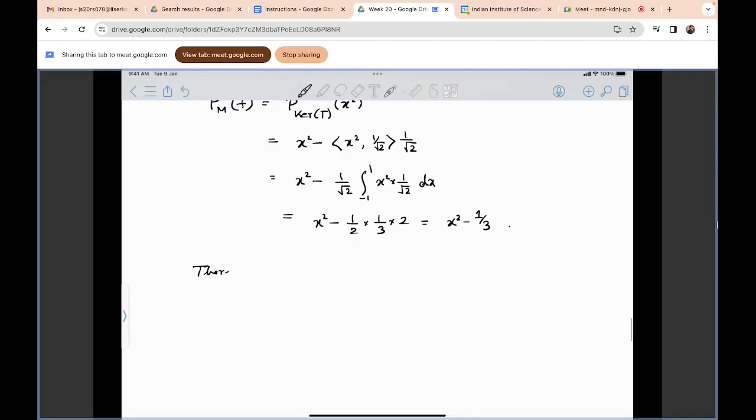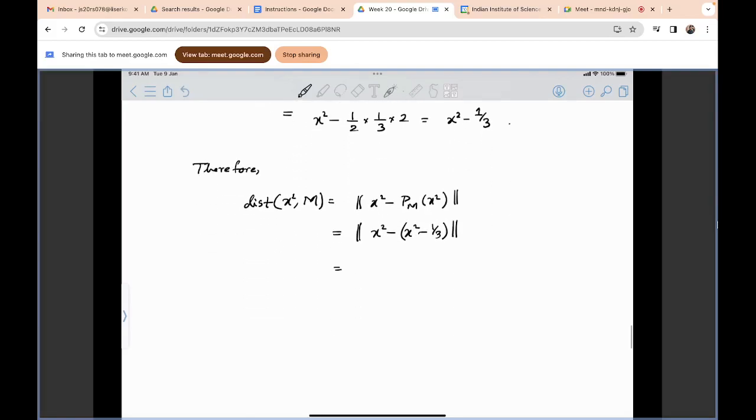Therefore, the distance between x square and M is given by the norm of x square minus the projection onto M of x square. So this is the norm of x square minus x square plus 1 by 3, which is the norm of 1 by 3.